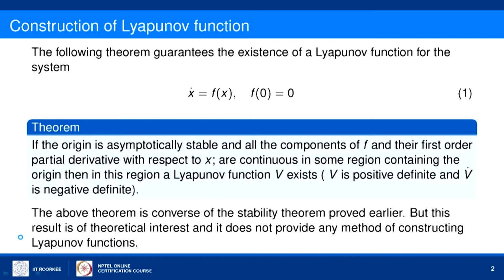This is the statement of the theorem, but it is of theoretical importance. It does not propose any procedure for computing the Lyapunov function as it is. So, in this lecture we will see two procedures for computing the Lyapunov functions.